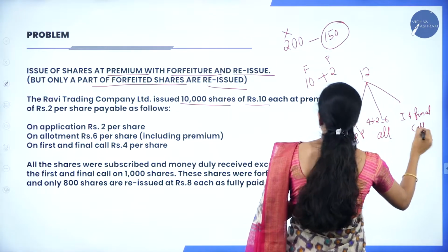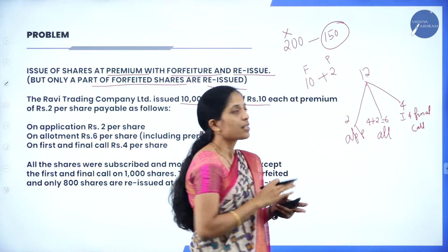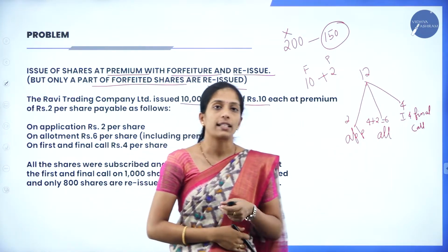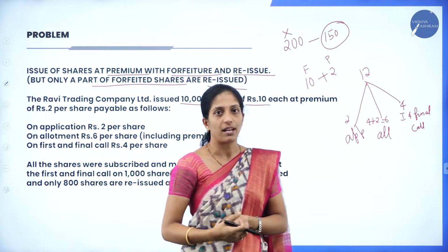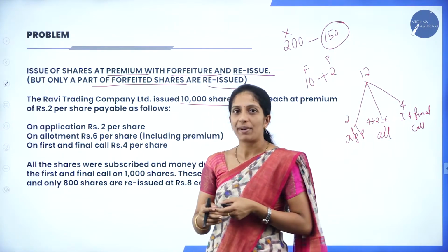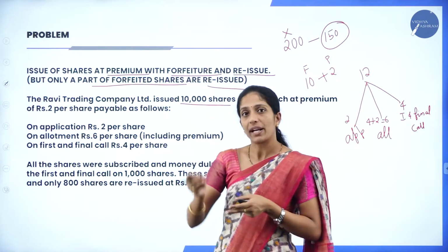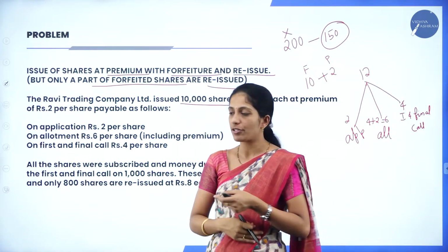First and final call, that is not 2, it is 4 rupees. Okay. So this is how they are going to collect the money. That is 6 plus 2, 8, 8 plus 4, 12 rupees. How they are going to collect 12 rupees: 2 on application, 6 on allotment including 2 rupees premium, and first and final call 4 per share.